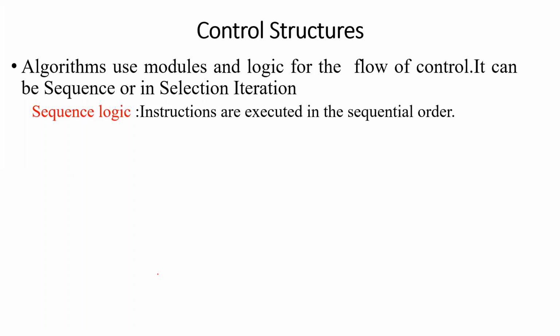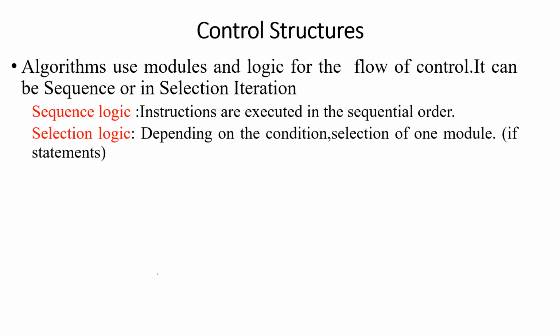You remember all those decision-making statements and branching statements, what they will do, they will change the order of execution, right? The program control will not be moving on to the next line. It will be jumping from one line, skipping some lines, or it may execute some block of lines repeatedly, right? So this type of logic is known as selection logic.